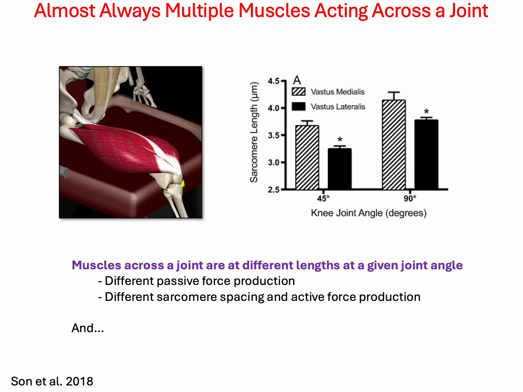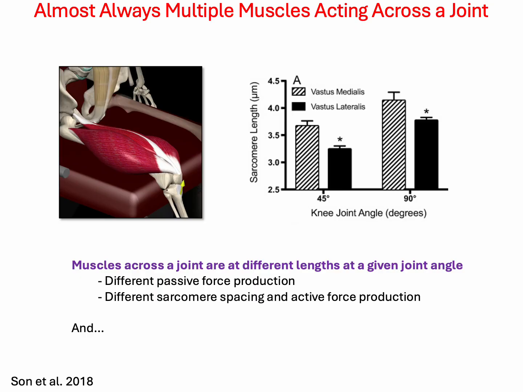Okay, as referenced before, we're almost always dealing with multiple muscles acting across the joint. And so what I want you to realize is that, even though the joint angle might be fixed, the resting length of these different MTUs are going to be different. You can see that here looking at vastus medialis and vastus lateralis, sarcomere lengths are different at the same joint angle.